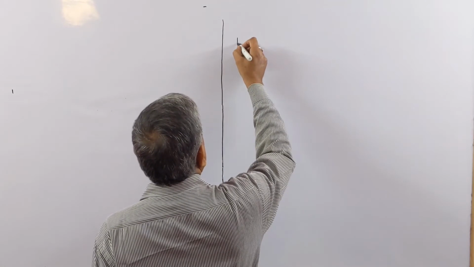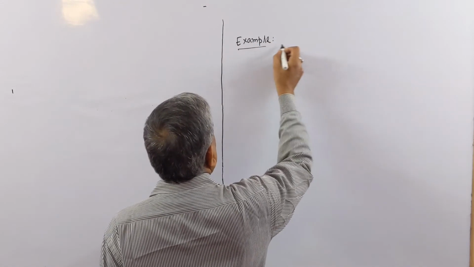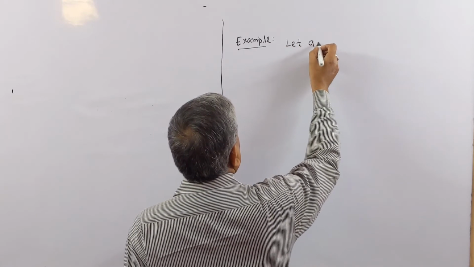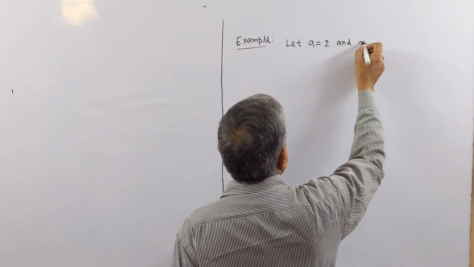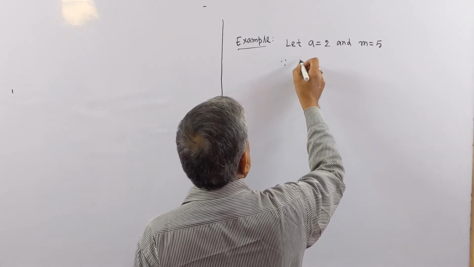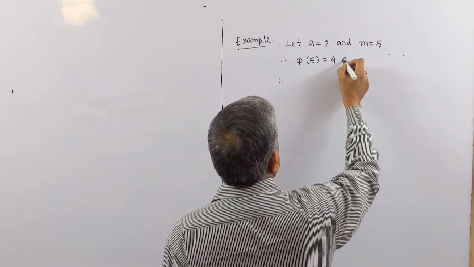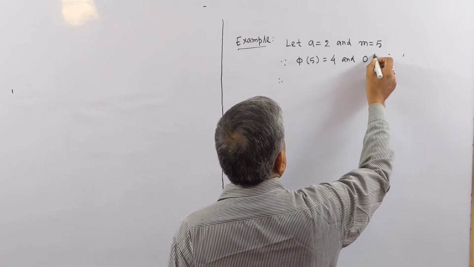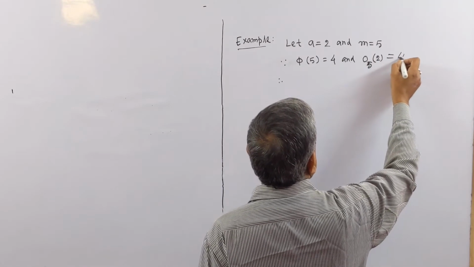Now we verify the theorem by a particular example. Example. Let a equal 2 and m equal 5. Since phi 5 equals 4 and order of 2 modulo 5 equals 4.